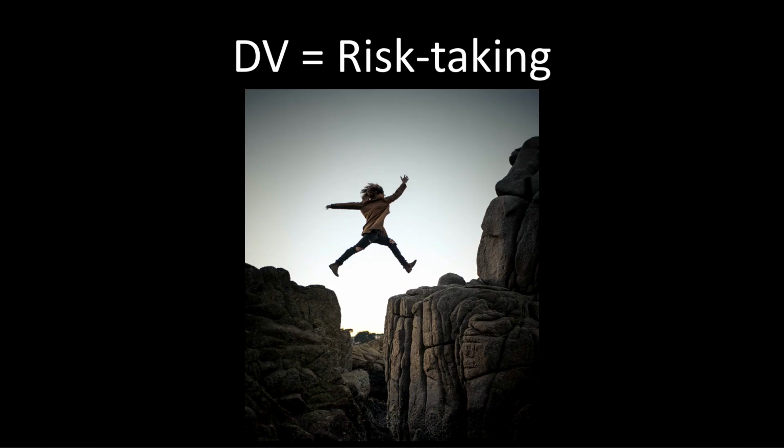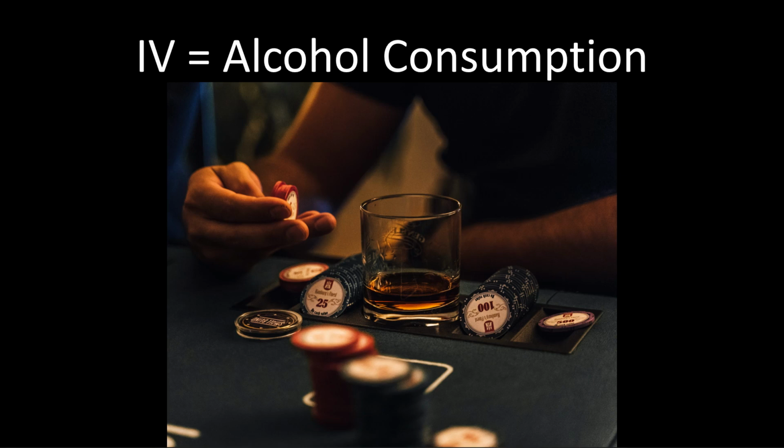As another example, let's say that we're interested in risk-taking behavior. So that'll be our variable of interest, our dependent variable. And let's say we're curious whether alcohol consumption makes people more likely to engage in risky behavior. So our dependent variable is risky behavior, and our independent variable is alcohol consumption.